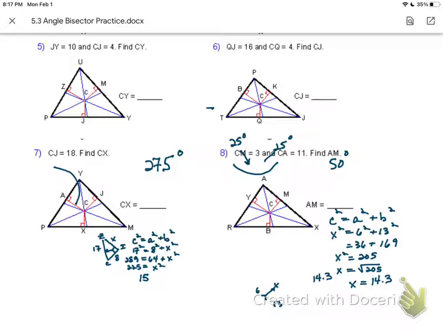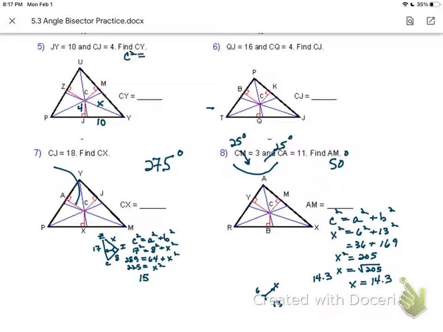So look at number 5. Number 5 says JY is 10, and CJ is 4. They want to find CY, which is going to be X. CY is the hypotenuse, and I'll always be consistent.